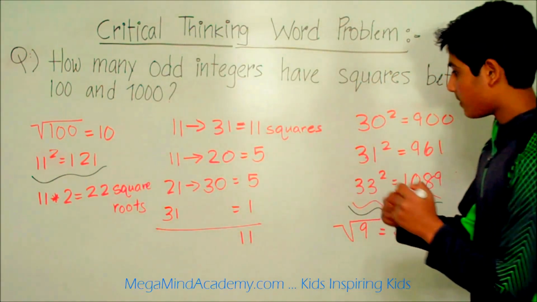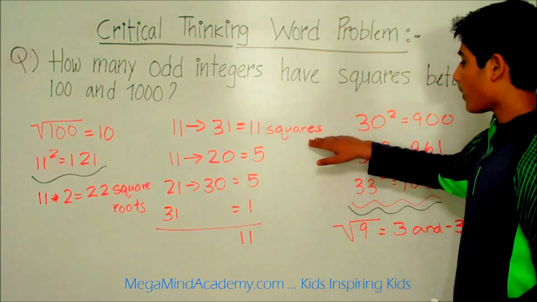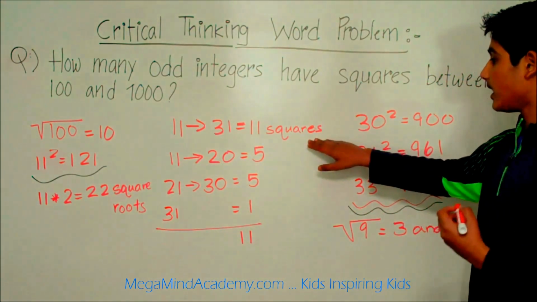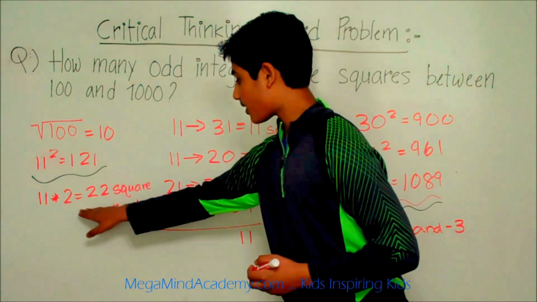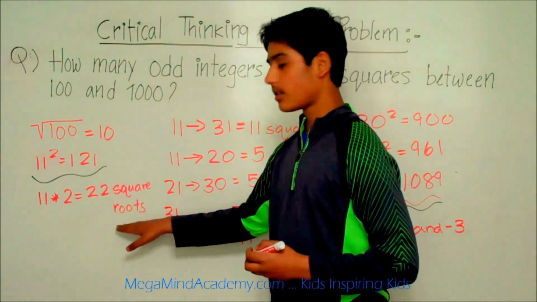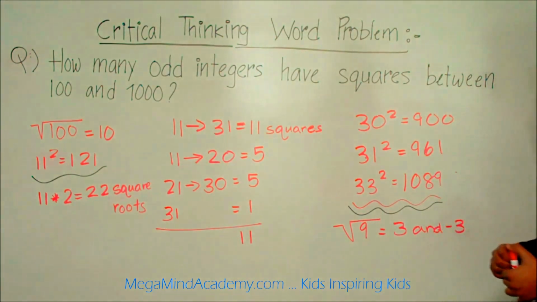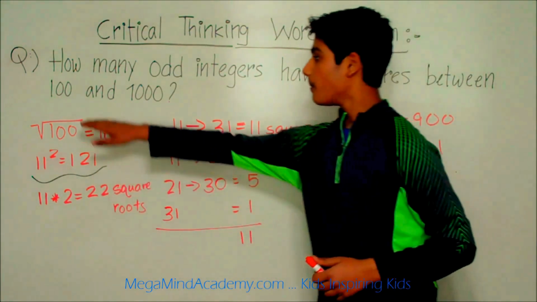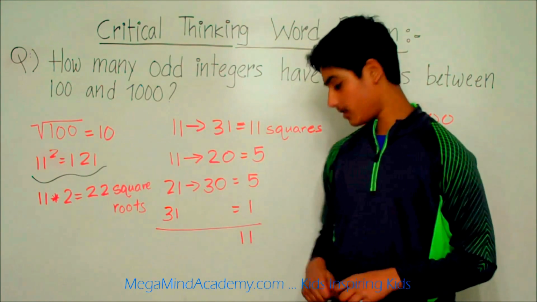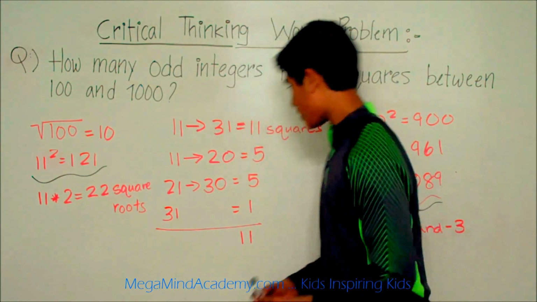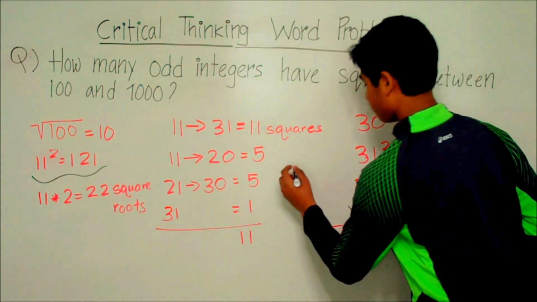And because these 11 squares are squares of odd integers, that means that there are 22 square roots which are odd integers. So 22 odd integers have squares between 100 and 1000. So the answer to this question is 22.